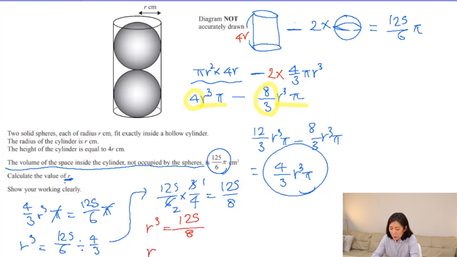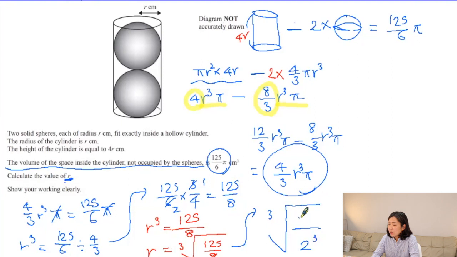The inverse operation of cubing is the cubic root, right? So r will be the cubic root of 125 over 8. To find the cubic root, try to make the big numbers into cubic numbers. We all know that 8 is 2 to the power of 3, and 125 is 5 to the power of 3.